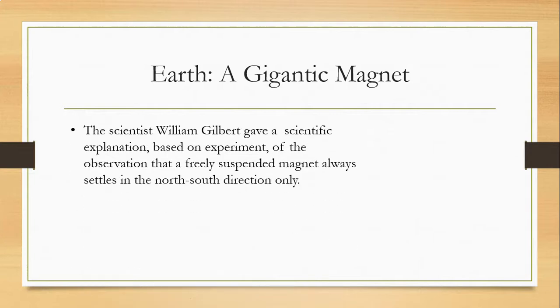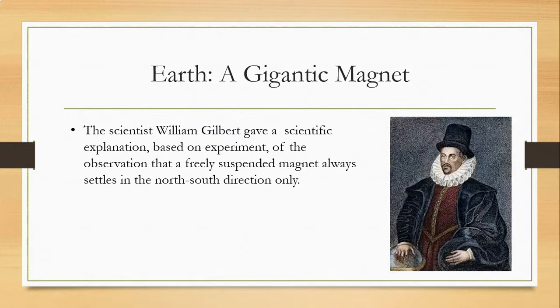The scientist William Gilbert gave a scientific explanation based on experiment of the observation that a freely suspended magnet always settles in the north-south direction only. This is the picture of the scientist William Gilbert.